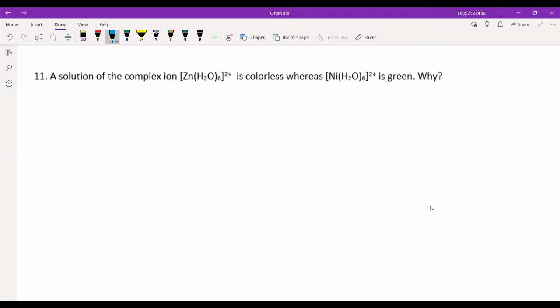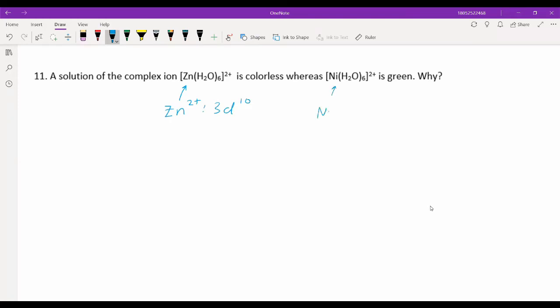Okay, for this problem, really a concept problem: why is the hexaaqua zinc colorless where the hexaaqua nickel is green? Well, since it's the same ligand, that obviously can't be the difference. The difference is that the zinc 2+ ion has 10 d electrons.